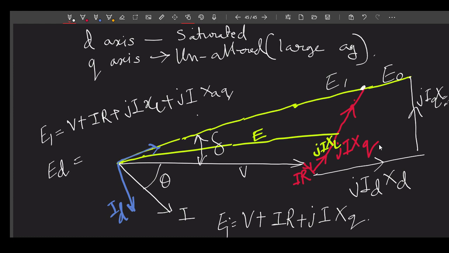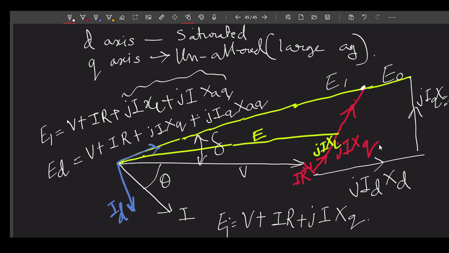What is this ED? ED is your voltage that is due to, we can write V plus IR plus jIXQ, that means these two together, plus jIQXAQ.